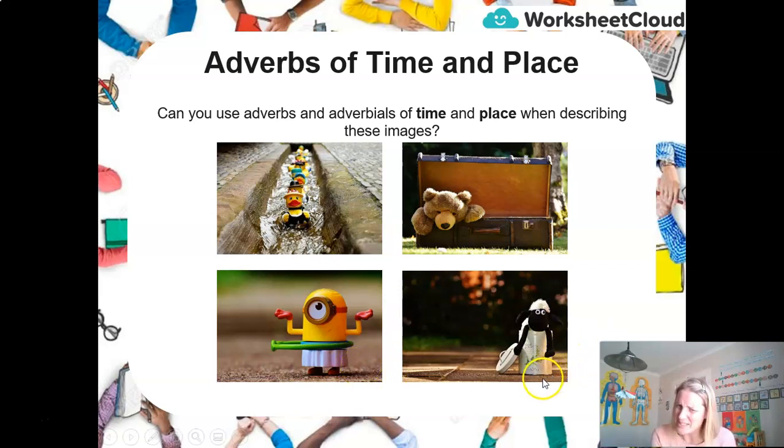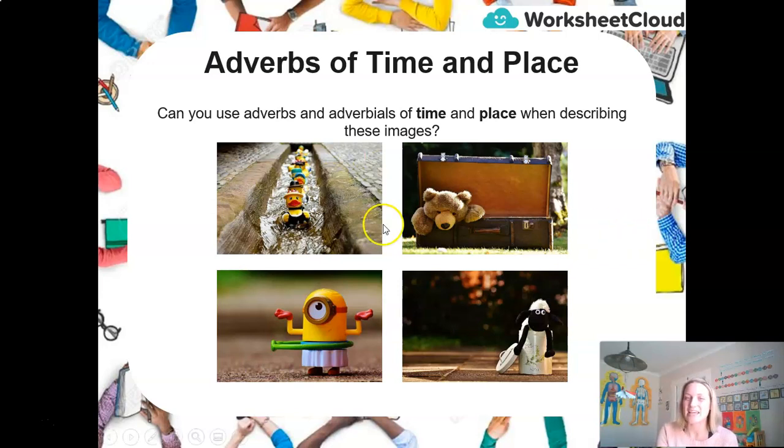I don't even know what he's coming out of there. It looks like a biscuit tin. You are going to see if you can use adverbs or adverbials of time and place when describing these images. And I have written some examples for you so you can also use those to stimulate your own understanding. So let's have a go.